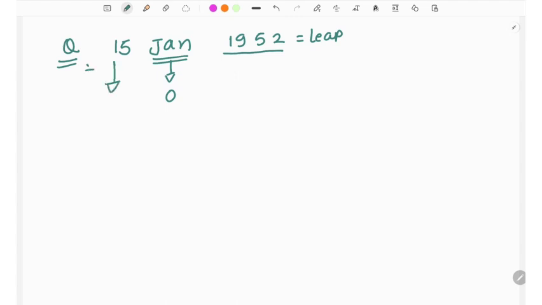Now divide 15 by 7 and take the remainder. If I divide 15 by 7, 7 2s are 14, so the remainder is 1.